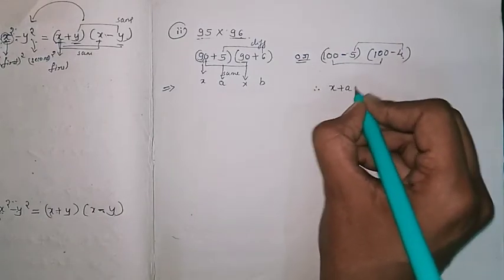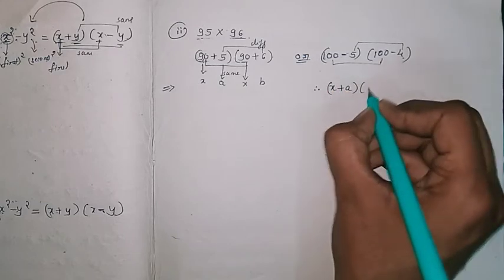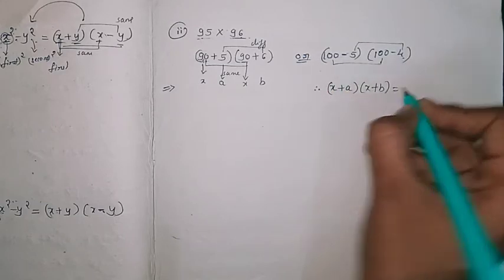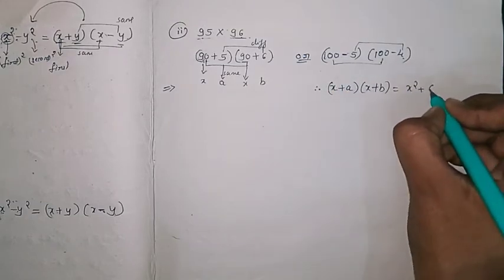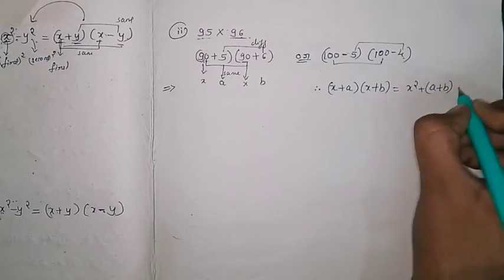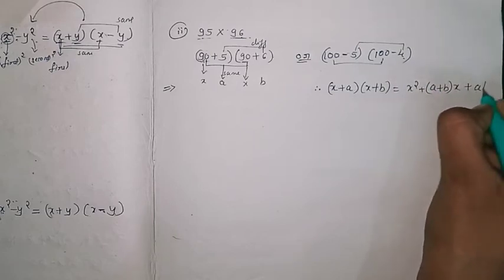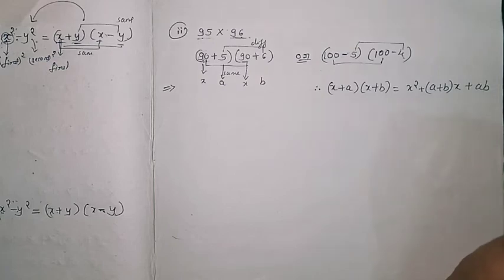(x plus a)(x plus b) is equal to x square plus (a plus b) times x plus a into b. So you have to remember every identity here.